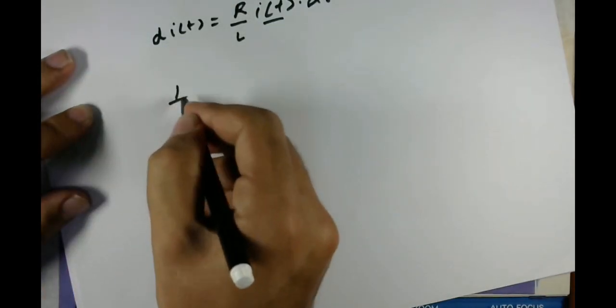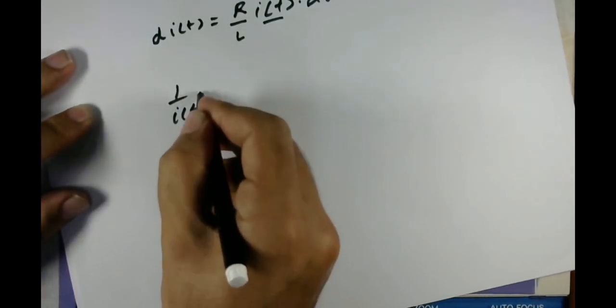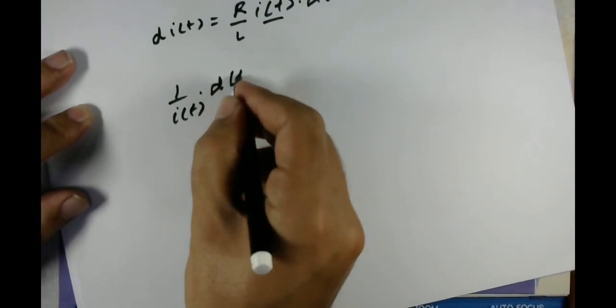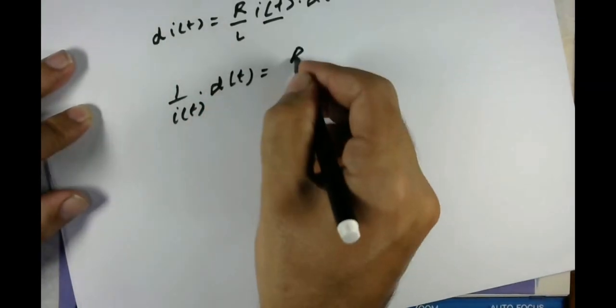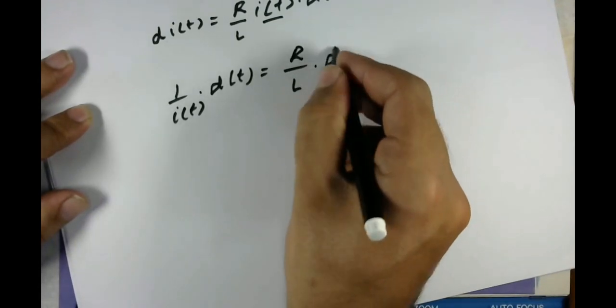So this will be 1 by I of t into dI equal to R by L dt.